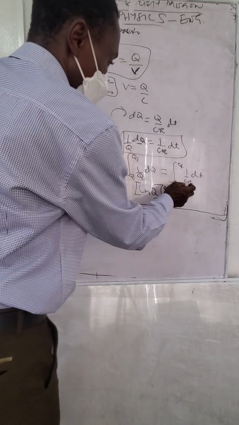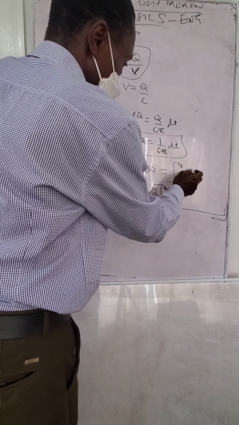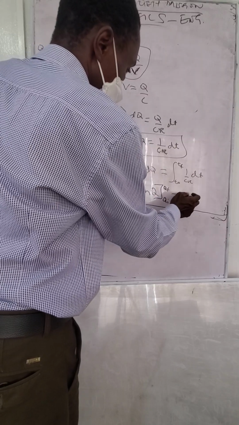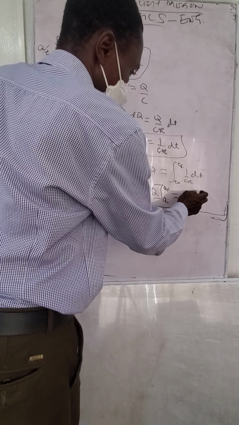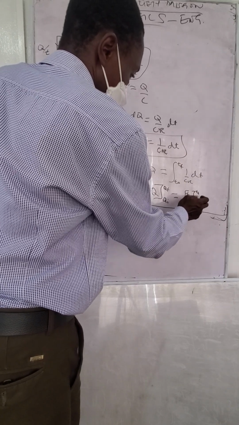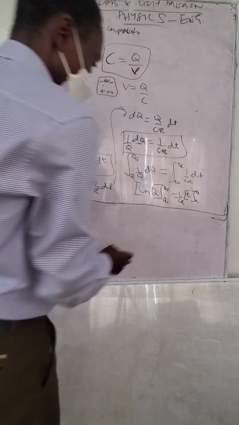This is constant, and this gives us t, t final, t initial, and we have 1 over CR.